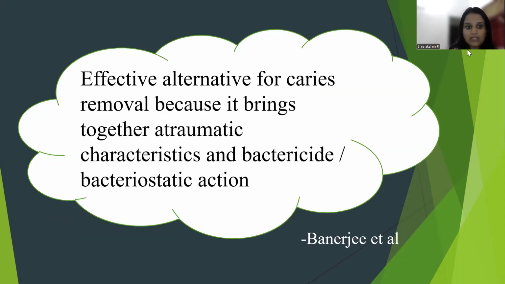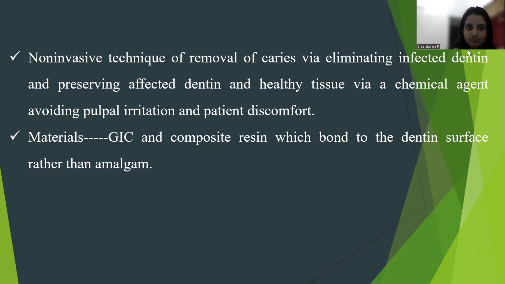According to Banerjee et al., CMCR, or chemomechanical caries removal, is an effective alternative for caries removal because it brings together atraumatic characteristics and bactericidal or bacteriostatic actions. It is a non-invasive technique of caries removal, eliminating the infected dentin and preserving the affected dentin and healthy tissues, mainly by using a chemical agent, so that pulpal irritation and patient discomfort are avoided to an extent.